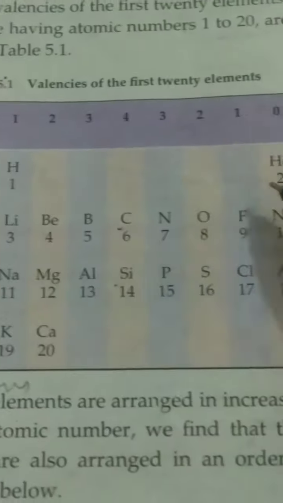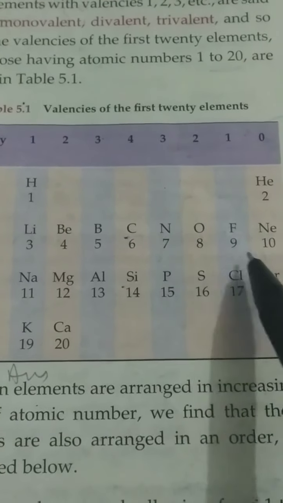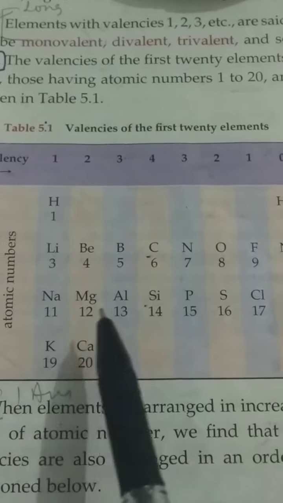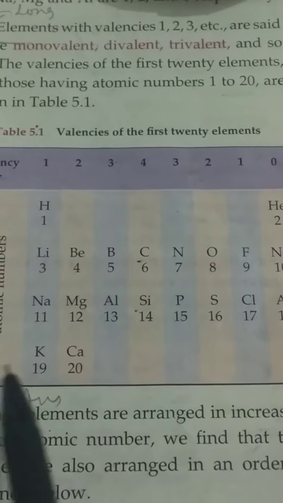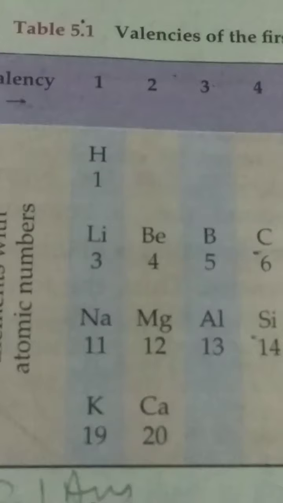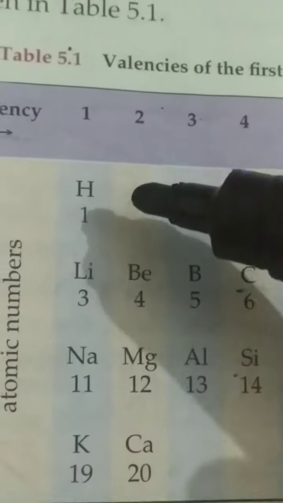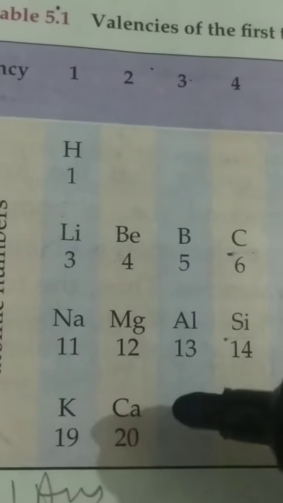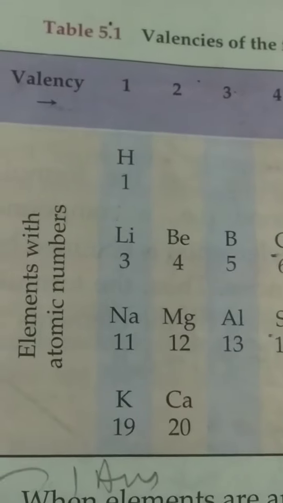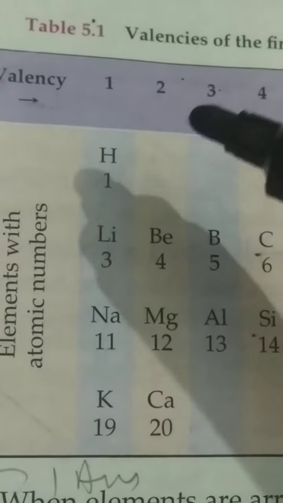Hydrogen, helium, lithium, beryllium, boron, carbon, nitrogen, oxygen, fluorine, neon, sodium, magnesium, aluminium, silicon, phosphorus, sulfur, chlorine, argon, potassium and calcium. See in the table, elements are arranged in increasing order of atomic number. So we find that their valency is also arranged in order.